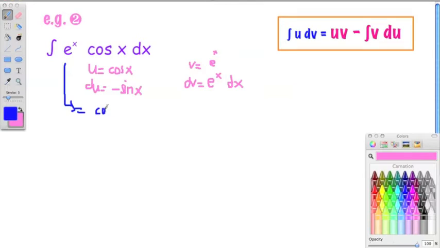So we will get cos x times e to the power of x, minus the integration of e to the power of x times negative sin x dx. Oh, not to forget, we put dx here.